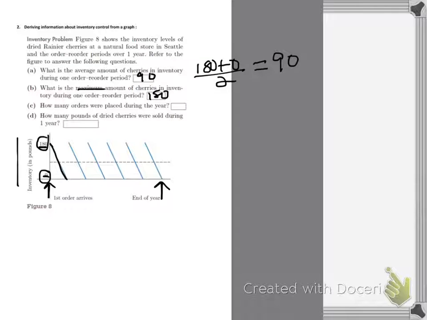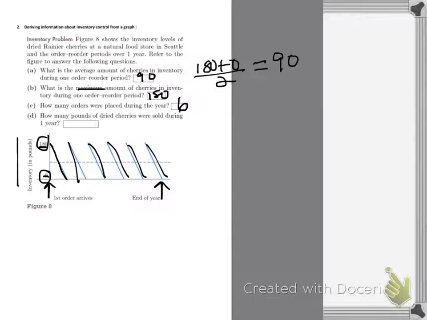How many orders were placed during the year? Every blue line represents an order. They order 180, it comes in, and then it leaves when all the 180 pounds is being sold. And then they order again, again, and again. So there are 1, 2, 3, 4, 5, 6 order times during 1 year.